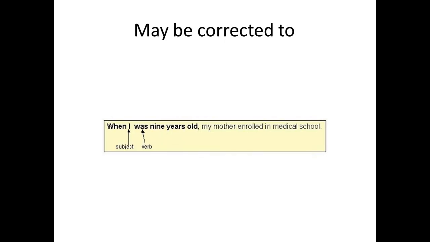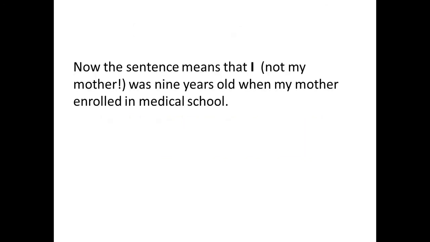And now it is: When I was 9 years old, my mother enrolled in school. So I was 9 years old, and my mother was not 9 years old, when my mother enrolled in medical school.